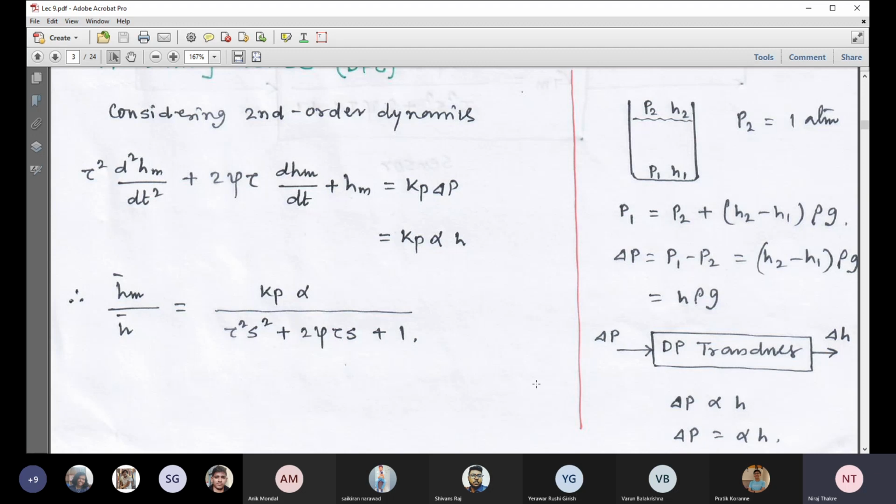In the differential pressure transducer, the pressure differential is the input and the output is the liquid height. So this is the mechanism used in the differential pressure cell.